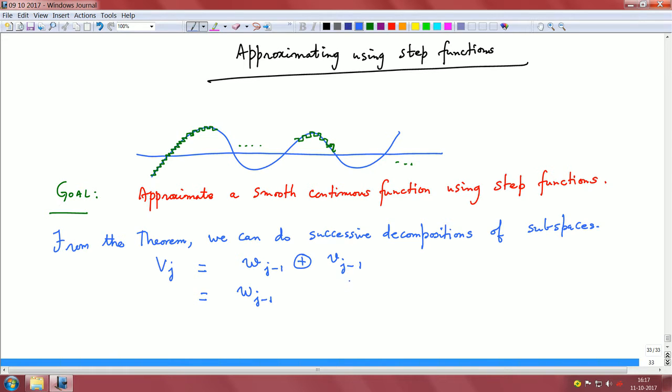I now decompose Vj minus 1, that can be written as Wj minus 2 direct sum with Pj minus 2, and now you get a trend. If you continue this in a sequence, you have Wj minus 1 direct sum Wj minus 2 direct sum dot dot dot, finally you will land up with W0 and V0.